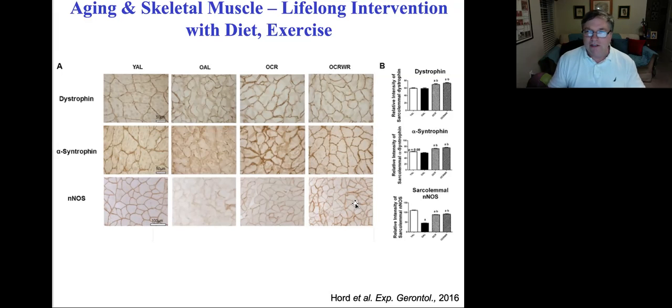So by exercising over the lifespan, what we've been able to see with rats, and we've also tested this with Weddell seals and shrews. Seals are from Antarctica, the shrews are from Canada. Regardless of how you look at it, you don't see a lot of sarcopenia in these animals. You don't see a lot of muscle wasting. There's some, but it's really attenuated.